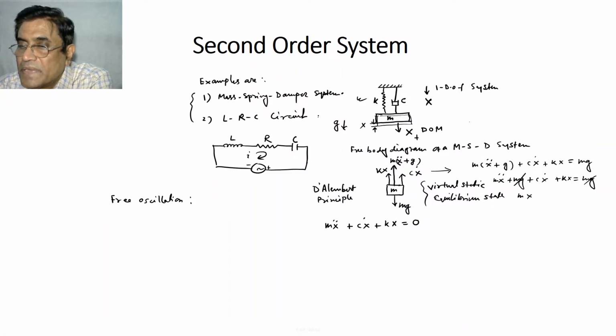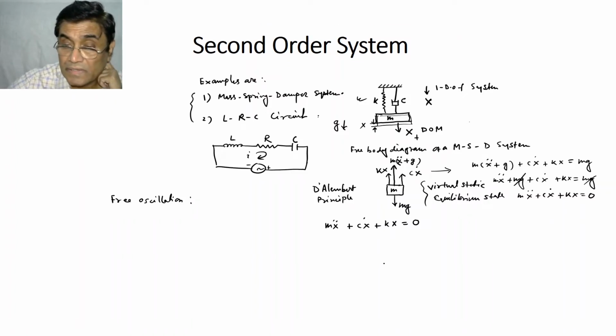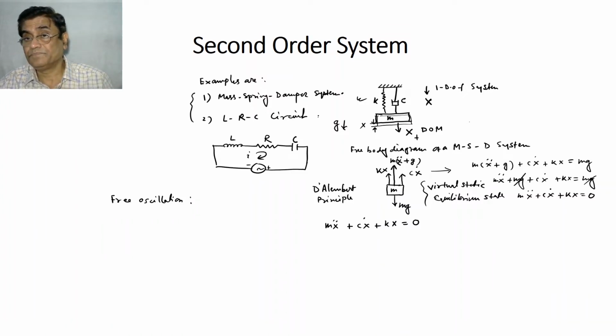So you have to believe me now that in free oscillation, gravity has no role to play when we are trying to understand the body's motion. So what role does gravity have? Gravity will actually determine the mean position of equilibrium about which the body will oscillate. That is the only role gravity will play.